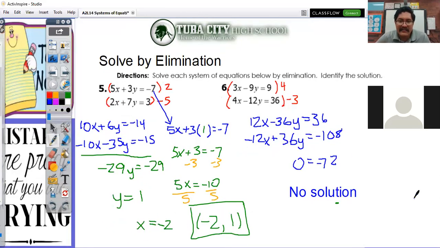And seeing how they have the same relation between x and y, that's kind of a hint that if I were to put these into slope-intercept form, that they would have matching slopes. Or again, I can just graph it on Desmos and see that there's no intersection, because they are parallel. So again, sometimes it'd be like that.